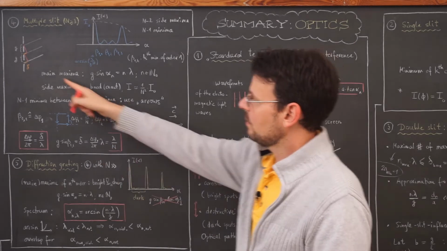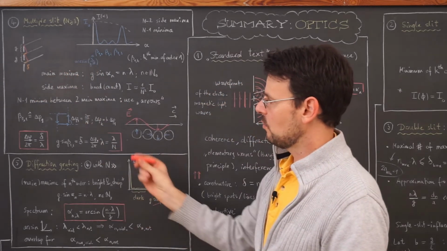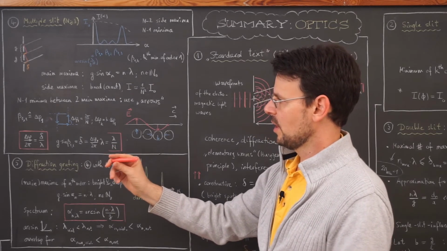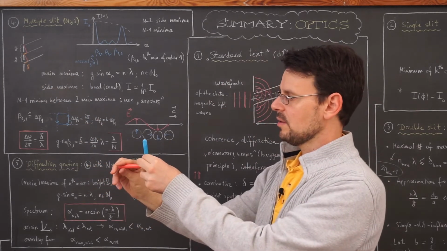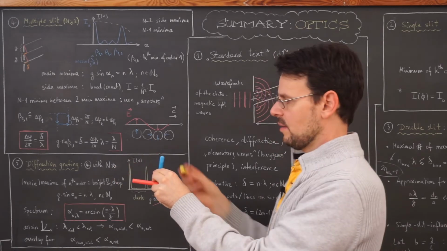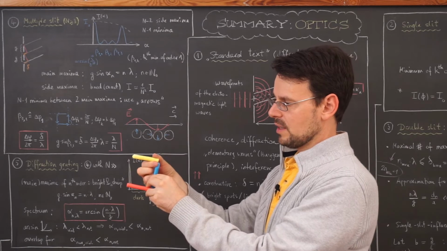So you take the arrow corresponding to the electromagnetic wave of slit 1, which points, for example, in this direction. Then the next arrow of the next slit points here, counterclockwise, 90 degrees. Then the arrow of slit 3, again, counterclockwise, 90 degrees.